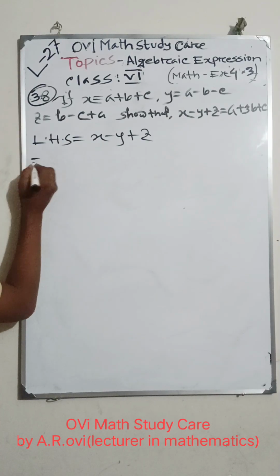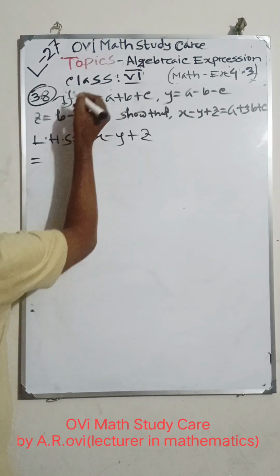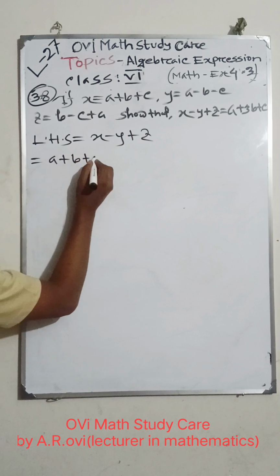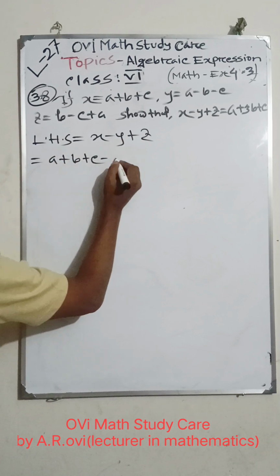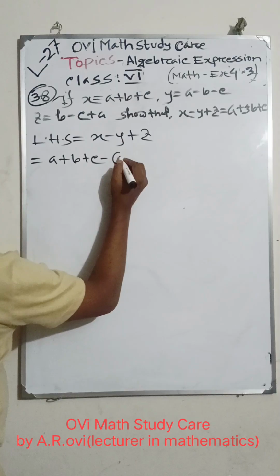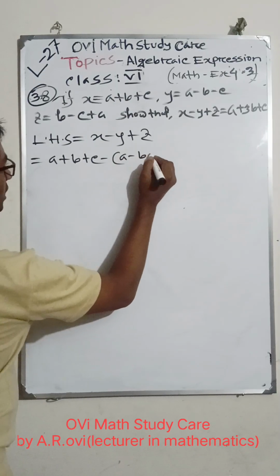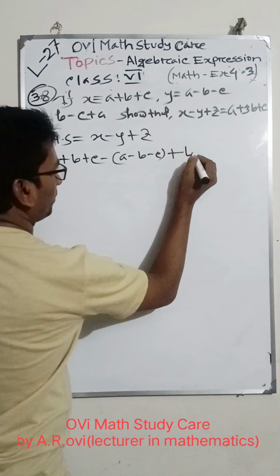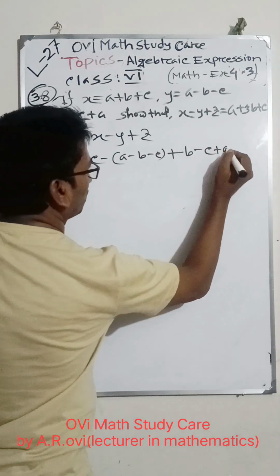So putting the values of x, y, z, putting the value of x equal to a plus b plus c. So with the minus sign we should use a bracket, a minus b minus c, and z equal to b minus c plus a.